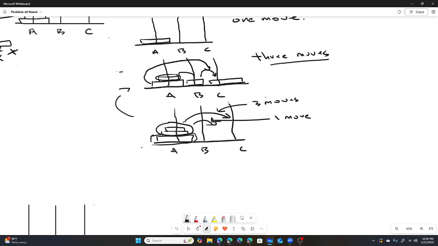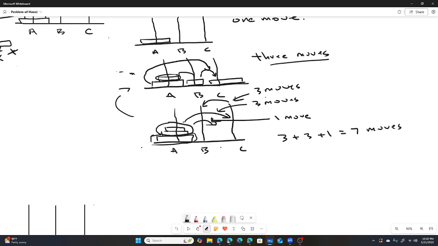Given our previous problem where there are 2 disks and it takes 3 moves, it's again going to be 3 moves. So the total number of moves to move 3 disks is going to be 3 plus 3 plus 1, 7 moves.